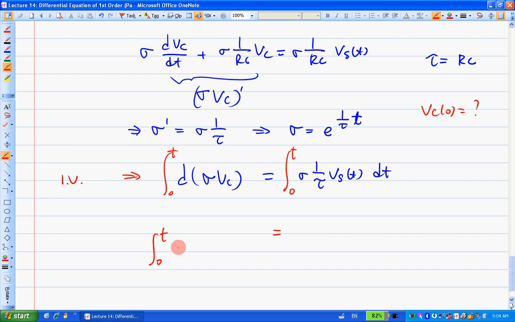So when you do this integral, I know my sigma is a function of t, but since I'm doing this integral with the limits of t, instead of using a t here, I change my dummy variable to u, or to something else. And the Vc here, same thing, I'll change that to u. I'm not really changing anything. I'm just changing this dummy variable to cause less confusion.